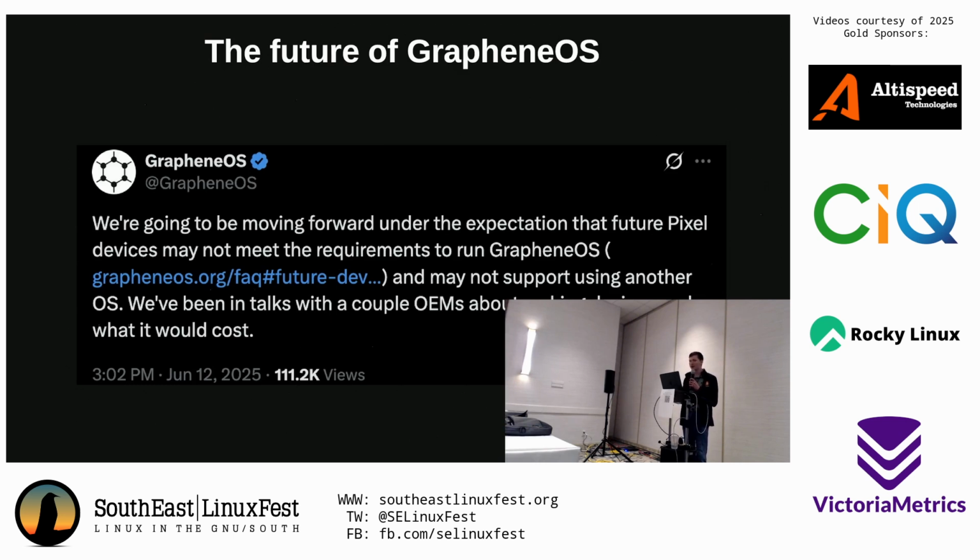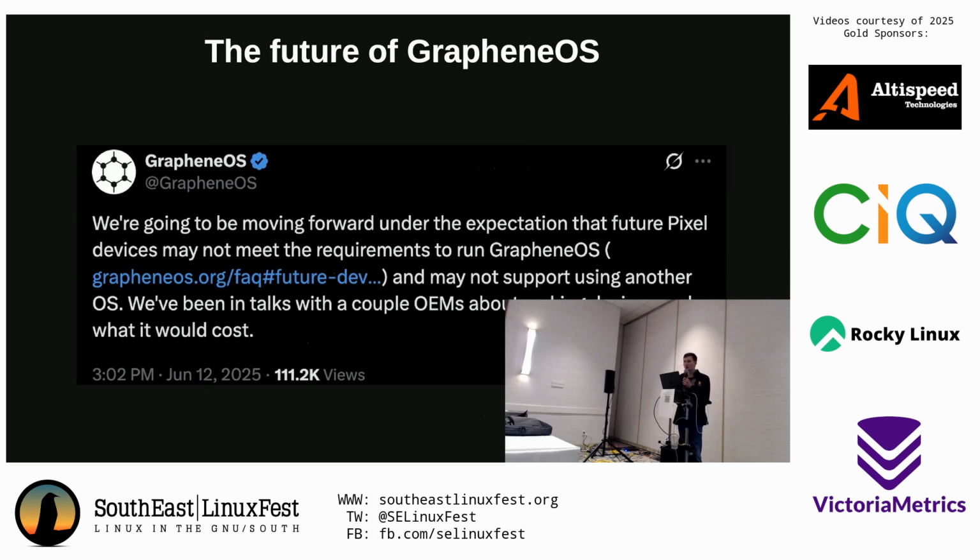I don't want to dissuade you from buying a Pixel right now and installing GrapheneOS. I just want to put this out as, okay, there might be some changes in the future. If you do buy a Pixel today, there's a high chance that you'll be able to update that for several years, for several Android versions. There's just a chance that newer Pixel devices might not actually have GrapheneOS.